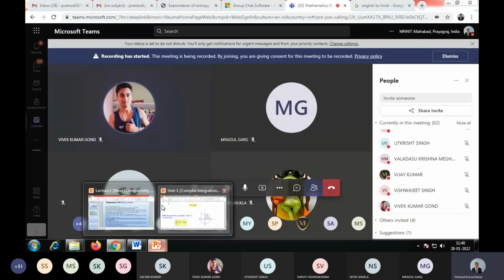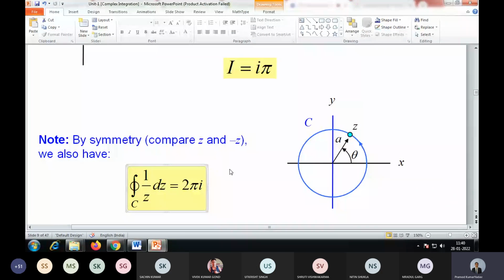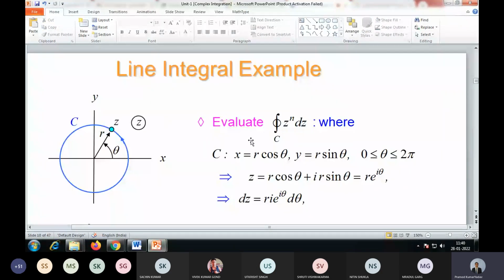So it means that is the whole concept about the line integral. Let's see some more problems. Integral of z to the power n dz over C, where C is a circle. This C should always be defined. So C is a circle centered at origin and radius is r.